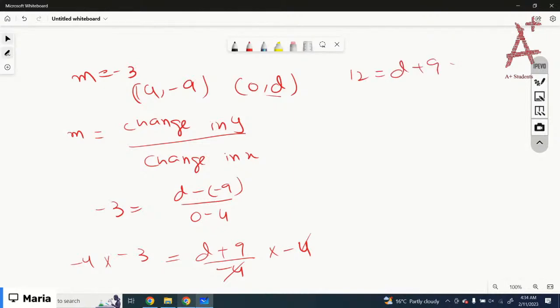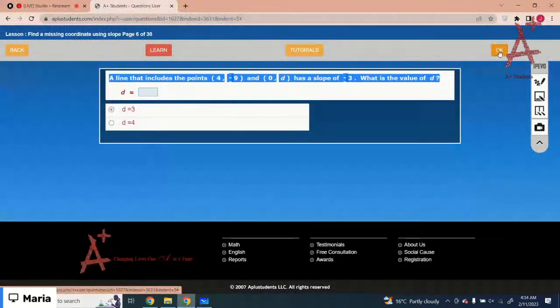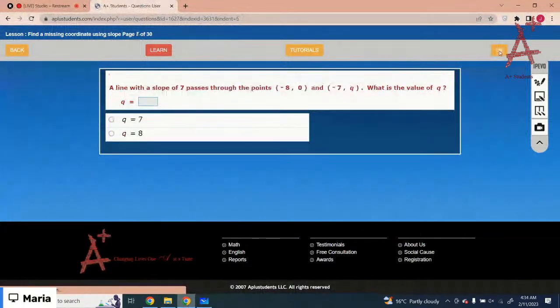So subtract both sides by 9. 12 take away 9 is 3, so it would be d equals 3. Got it? That means the missing coordinate is d equals 3. Got it? So just select the correct option and click on the OK button.